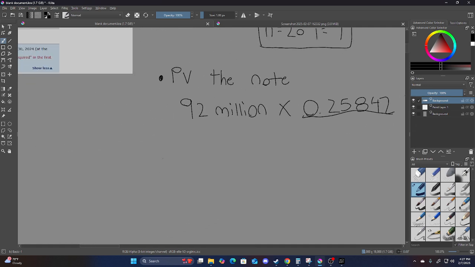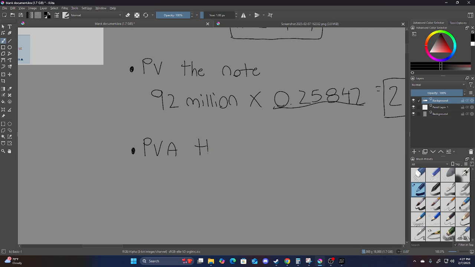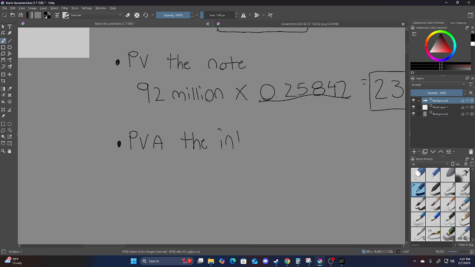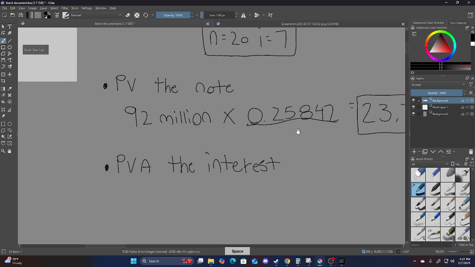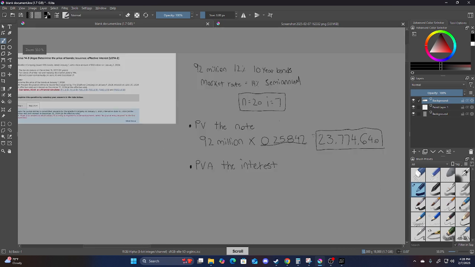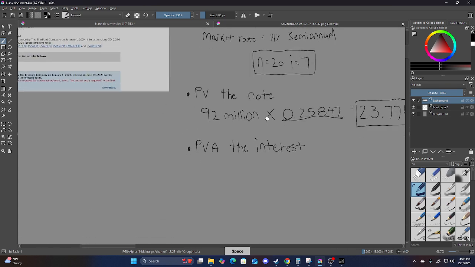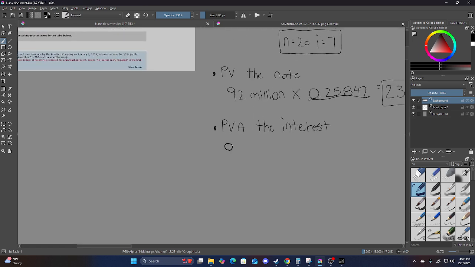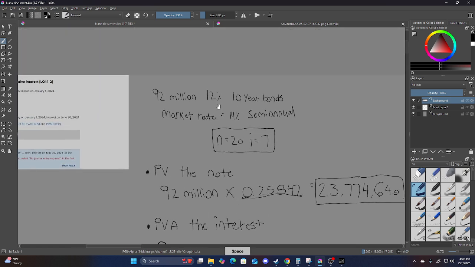Okay, so now we can PVA the interest. Let me just fix this. I don't know why it always resets like that. So PVA the interest. How do we get the interest? We multiply the face amount by our face rate.